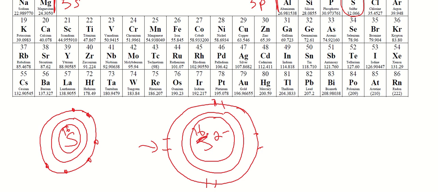In other words, they're attracted less to the protons. If there's less attraction between the protons and the negative electrons, they're going to be farther apart, so they're going to be bigger.